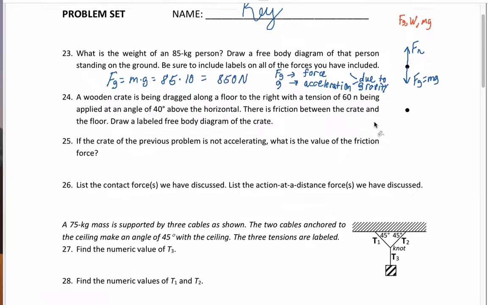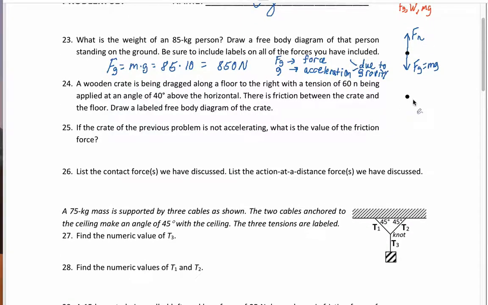Next, a wooden crate is being dragged along the floor to the right with a tension of 60 newtons being applied at 40 degrees above the horizontal. We do have friction, and we want to draw a free body diagram of the crate, and we're going to label it. So we're going to have this, I'll call it F subscript T for the tension, and I will actually note that this angle here is in fact 40 degrees.